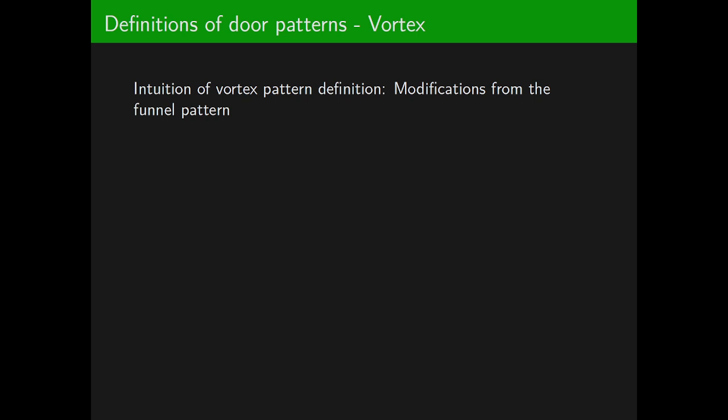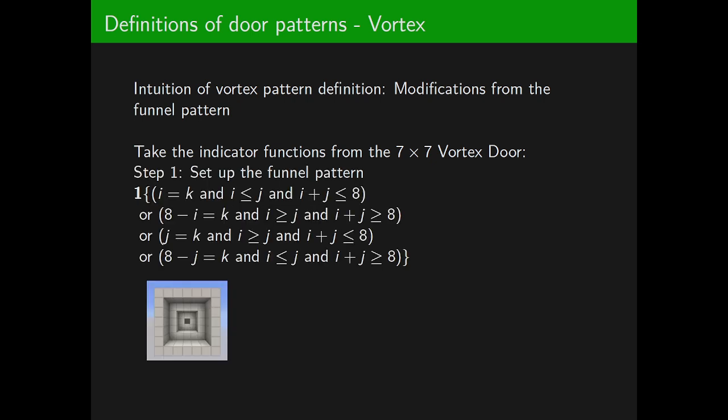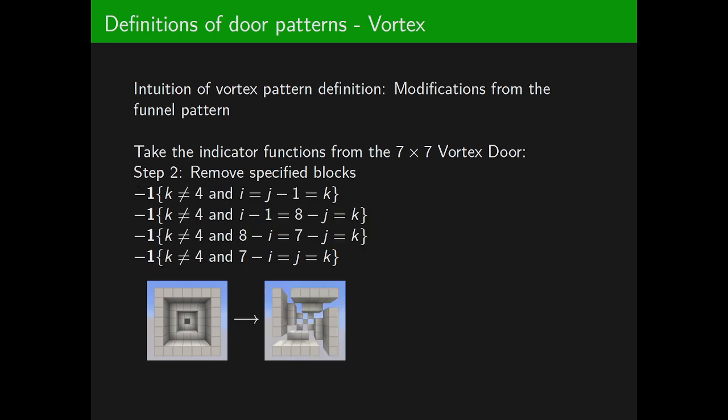As I've already said, it's just a modification of the funnel pattern. And take the indicator functions from the 7x7 vortex door. Step 1, set up the vortex as the funnel pattern, and it looks like this. Step 2, we remove specified blocks, and from the first picture, we go on to the second picture, which looks like this.